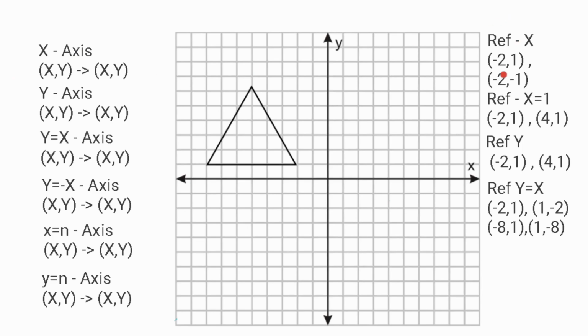So let's start with the x-axis. So we went from -2, 1 to -2, -1. So the first value stayed the same, but you inverted the y. But that does not mean change the negative to a negative. So if we had the exact opposite, if this figure started like this, and I said reflect over the x-axis, and we didn't know this image right here, we're just going to move it off to the side.